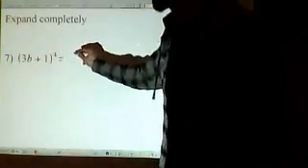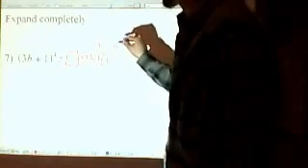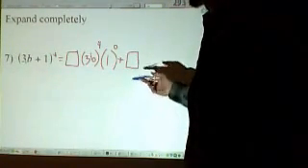I know you usually don't use boxes in math, but it's a good way to work right now, okay? So put a box right here, and then we're going to put parentheses for 3b to the 4th power. So take this number right here to that power, and then take the second number to the 0 power. Then put a plus, and then put a box again.